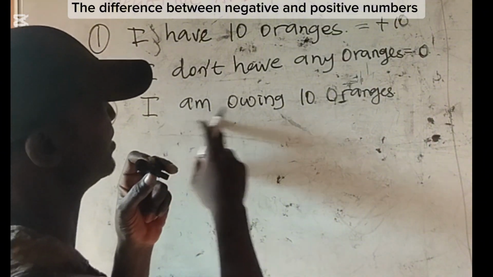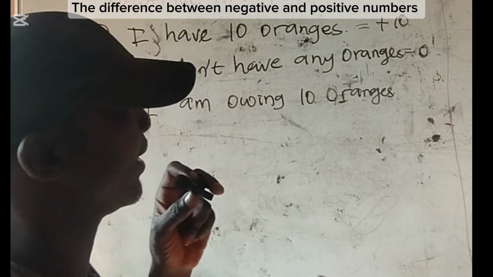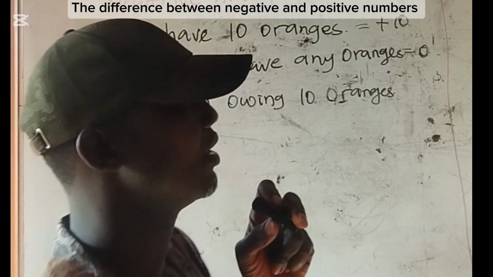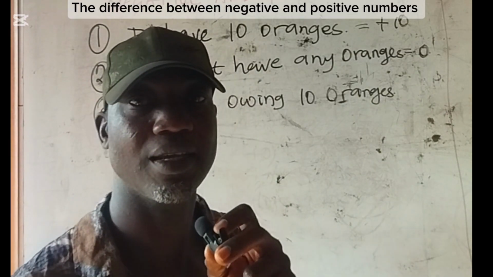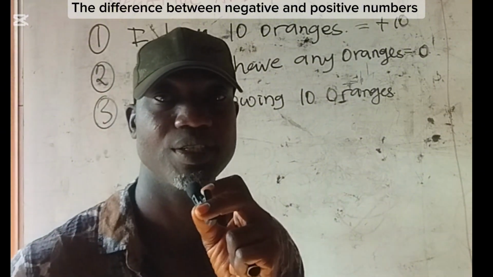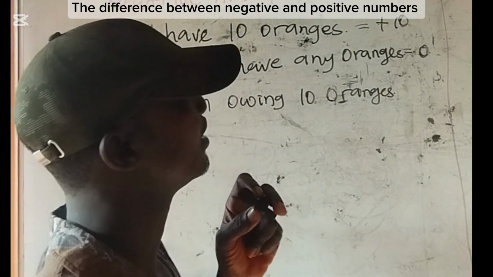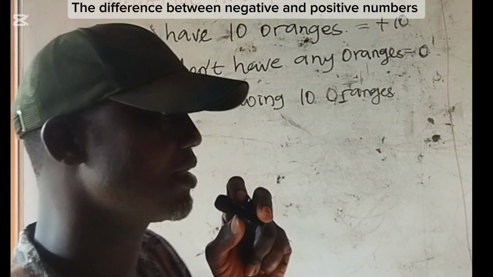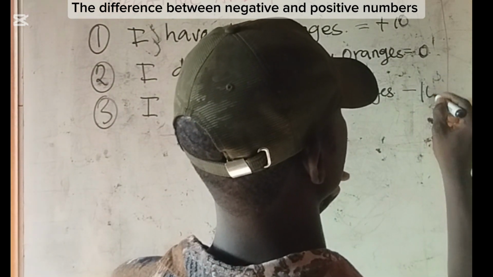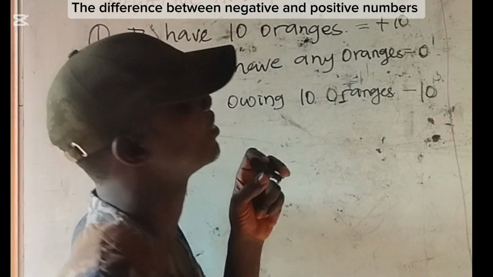Now let's go to the third state where I am owing 10 oranges. If somebody asks me, how many oranges do you have? The correct mathematical answer I'm going to give to the person is minus 10 oranges.